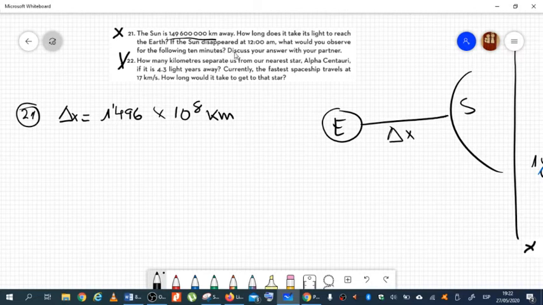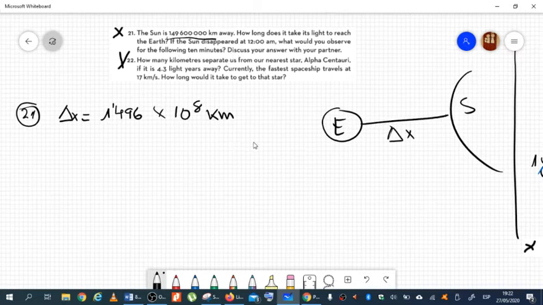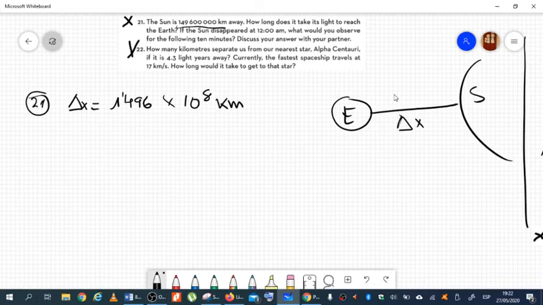Okay, so we have to calculate the time taken for the light to travel to cover this distance. So you remember c is equal to, don't write b, because we are speaking about the speed of light.